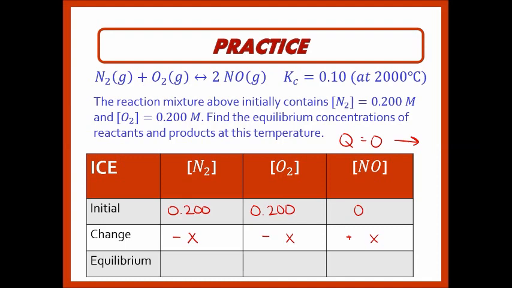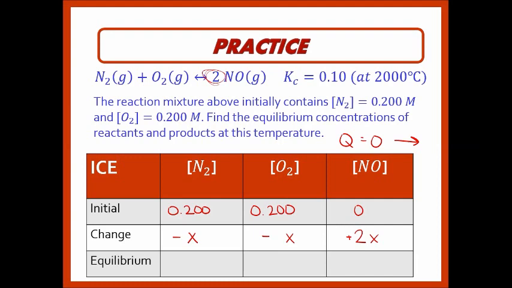So both N2 and O2 just have a coefficient of 1, so we're just going to be simply subtracting x for both of those reactants. But for our product, NO, we have a coefficient of 2, so that means we're going to be adding 2x in order for the concentration to get to its equilibrium concentration.